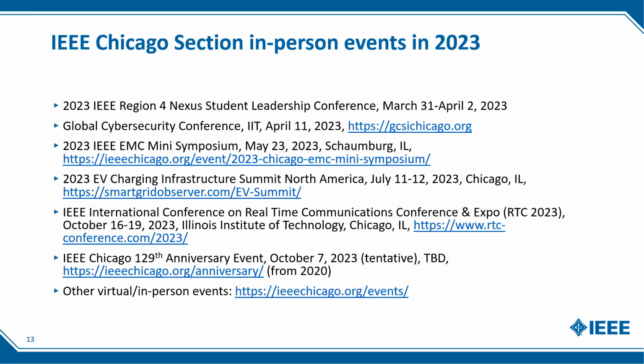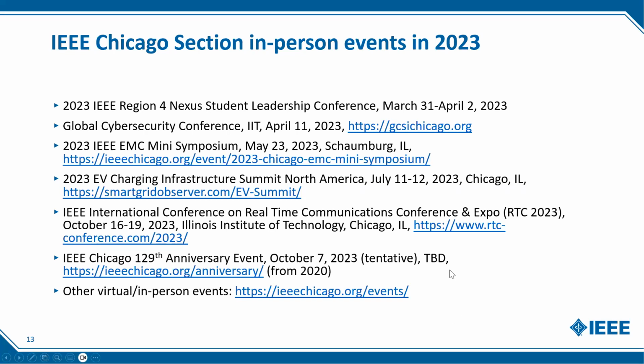We are also one of the sponsors for the IEEE International Conference on Real-Time Communications and Expo, RTC 2023, which will be held October 16th to 19th at the Illinois Institute of Technology.